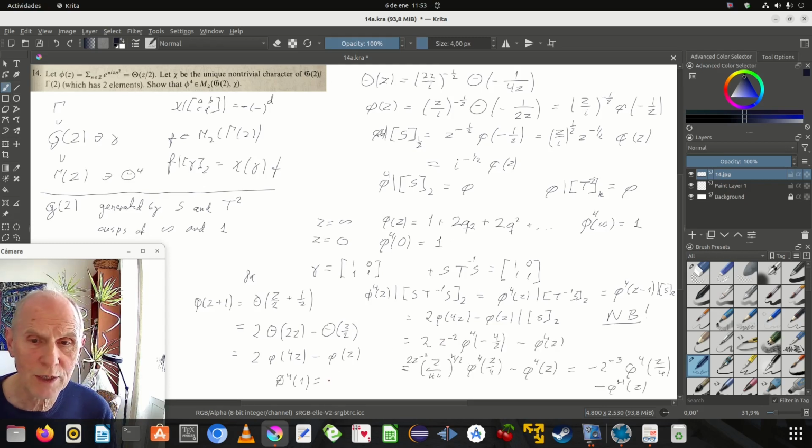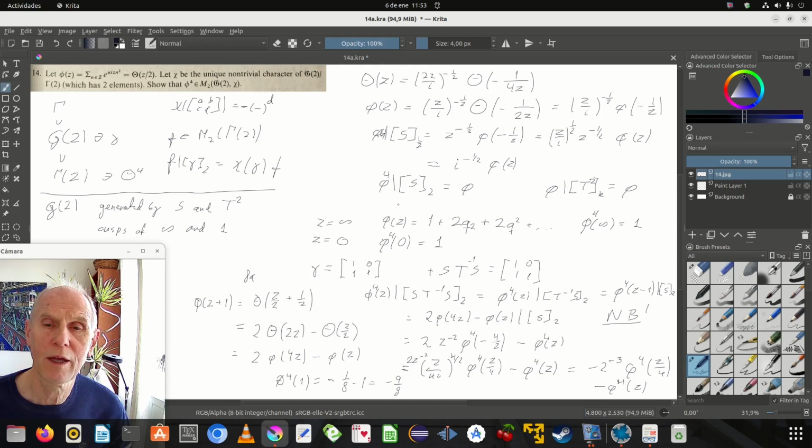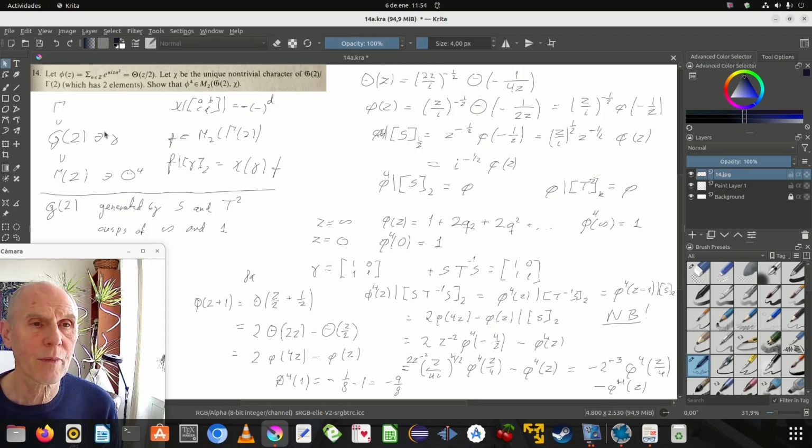I feel confident I've made a mistake here. Actually, it's a good place to make a break here. Then I can find the mistake before going on to show that it transforms correctly when we have a gamma in the Hecke group.